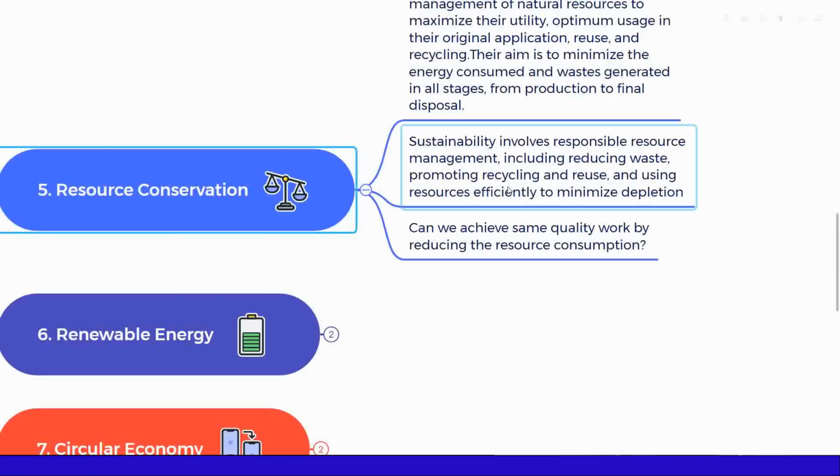If you are using more water, you require more electricity to pump it, and more material as well. For material you also require water, so water footprint or carbon footprint. In this way, to achieve the same kind of output, can you reduce the material while delivering the same quality output?